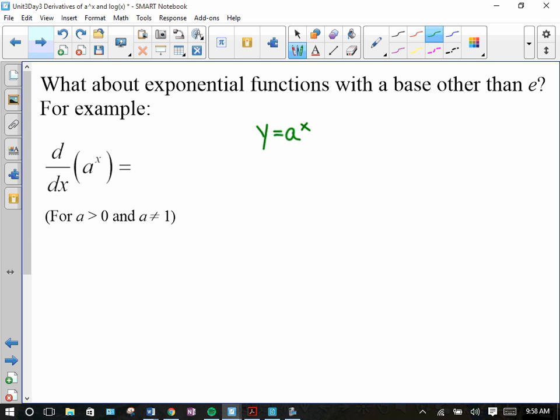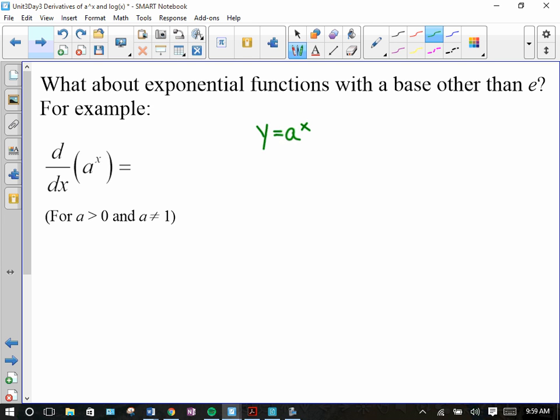Now, what we can do here is take the natural log of both sides. Alright? Why would we do that? Because we aren't really adept at working with exponents that have x in them.